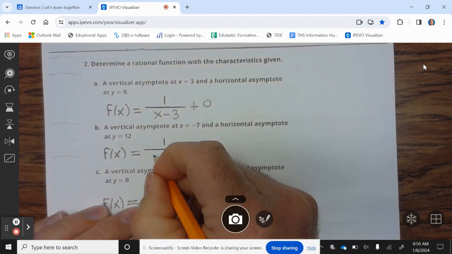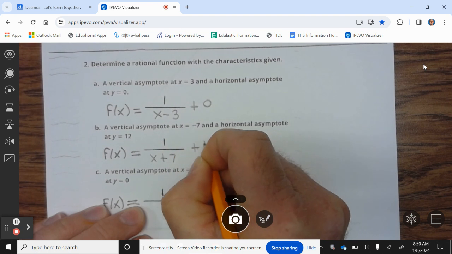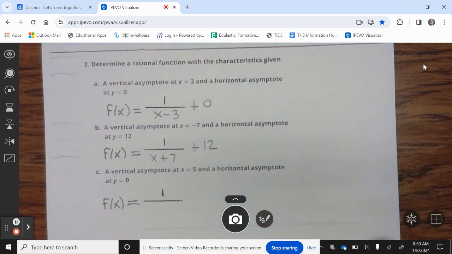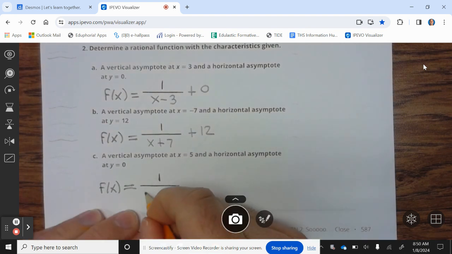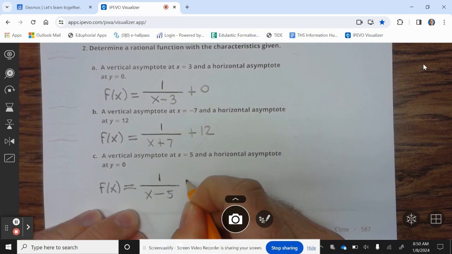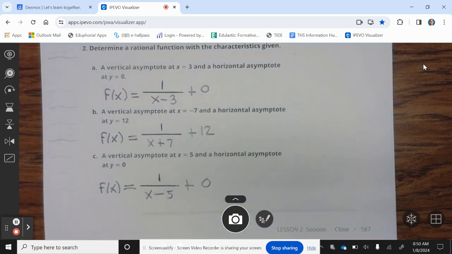So that's 1 divided by x plus 7 plus 12. A vertical asymptote at x equals 5 and a horizontal asymptote at y equals 0. So that's 1 divided by x minus 5 plus 0. All right, go ahead and finish it up.